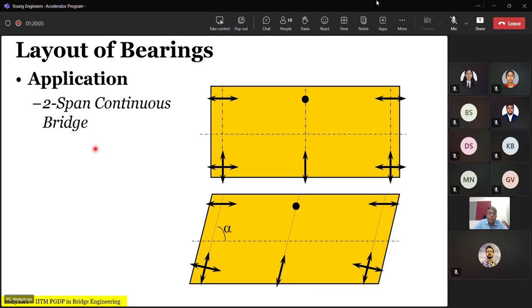All right. Let's take a few simple cases. Say you have a two-span continuous bridge. Then you have a choice wherein fixed bearing here, and as soon as you see this layout of bearing, you will automatically understand that this is a polar radiating arrangement because all the restraint bearings point towards the fixed one.